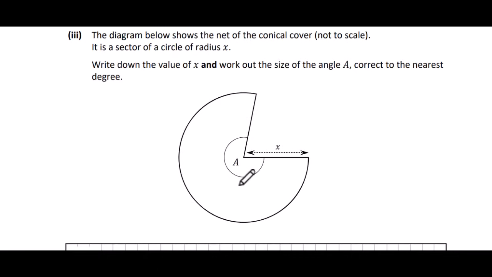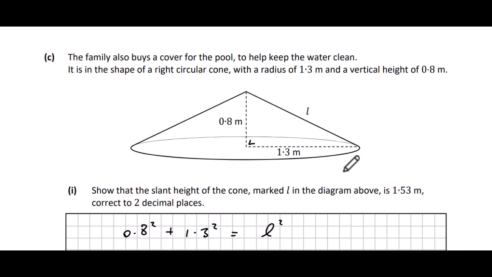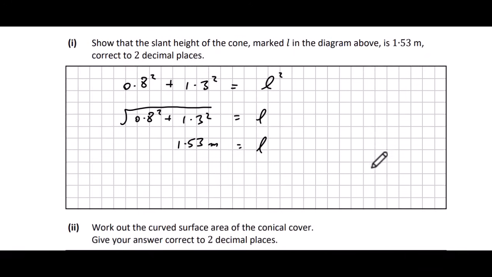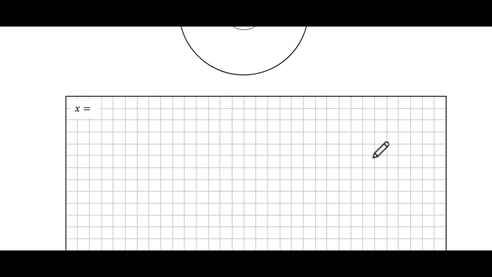Currently, this is 2 dimensions. So when you join that up to that, x is going to turn out to be this distance here. That's the 2 points joined up, if you like. So it's really L. And we worked out L as 1.53. So our L, or our x in this case, is 1.53 meters.